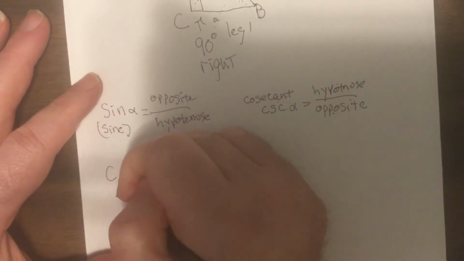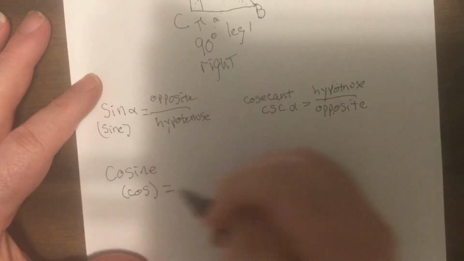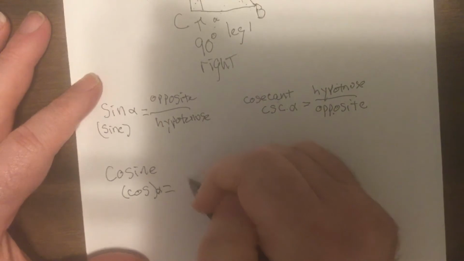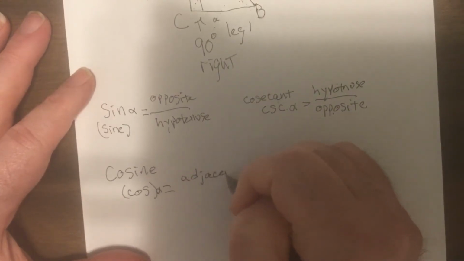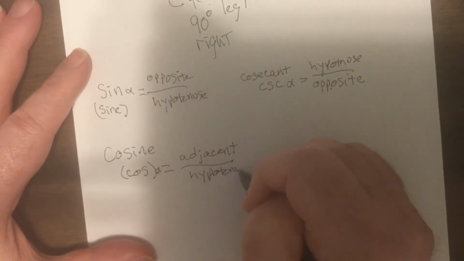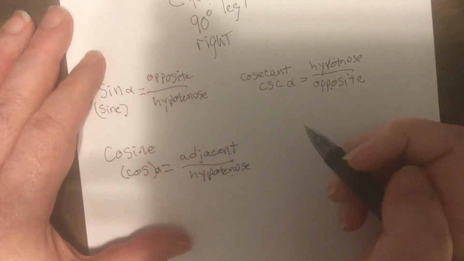Then we have cosine, abbreviated COS. You always got to put an angle measure there, or it doesn't make sense. Cosine is adjacent over hypotenuse. So note card, cosine on one side, adjacent over hypotenuse on the other.